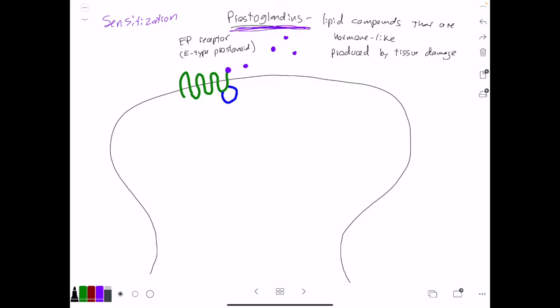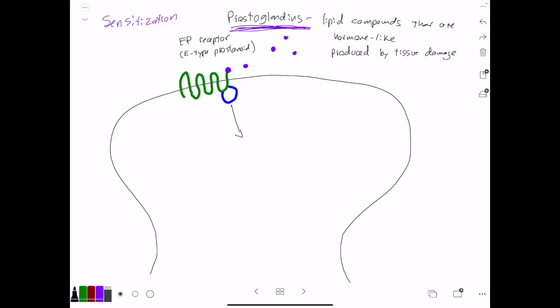And so it's produced, and it binds to these EP receptors in our neurons, in our nociception pathways. And so what does it do?